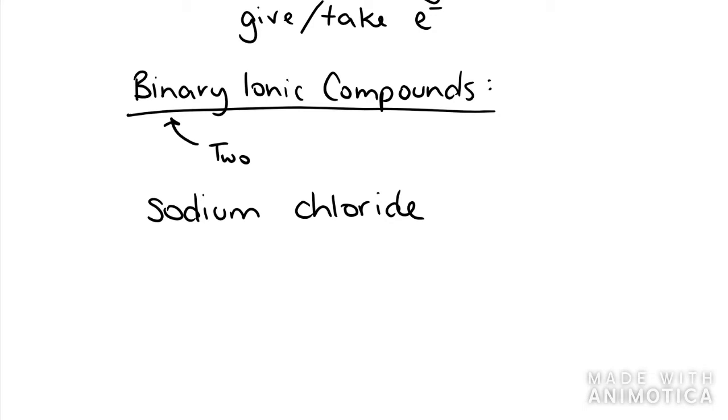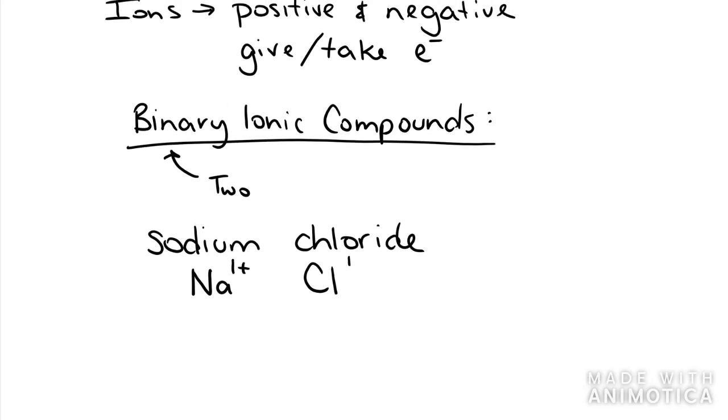This is table salt. So what we do is we look at our periodic table. Sodium is Na, and it has a charge of +1. Chloride, well, that's chlorine. So that has a symbol of Cl and a charge of -1.